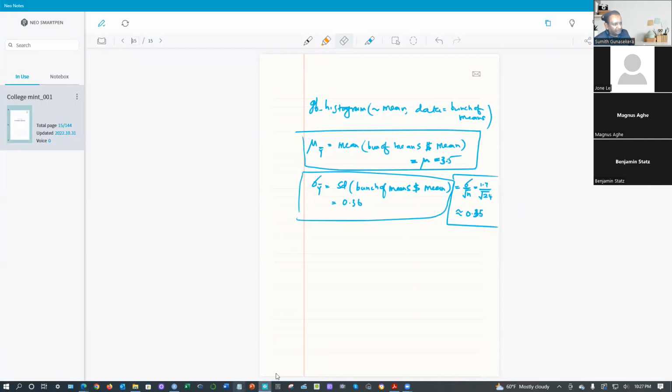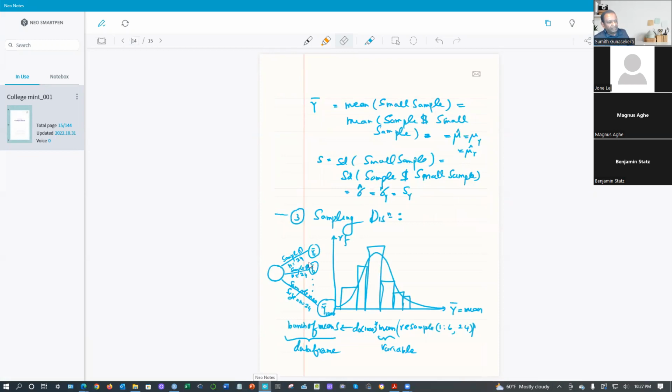That's what it says. So this is the particular example in which we can easily distinguish and talk about everything, because the population we know, sample we know, sampling distribution we know. That's a very good example.